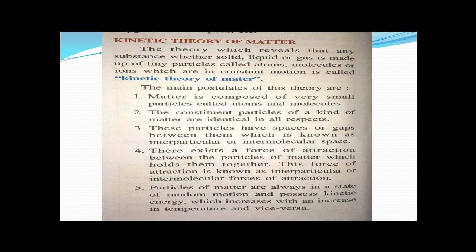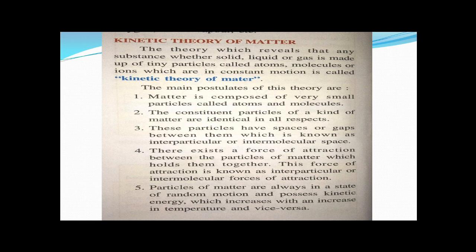Next, particles of matter are always in a state of random motion and possess kinetic energy. Because of the random motion, they have some kinetic energy. This kinetic energy, you have read in physics. The term kinetic is related to motion.